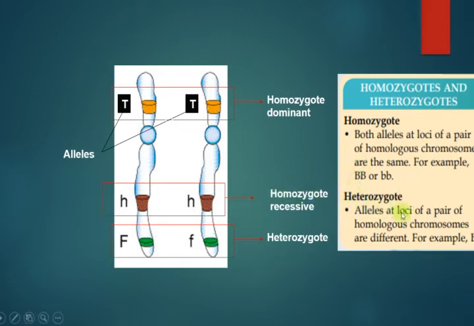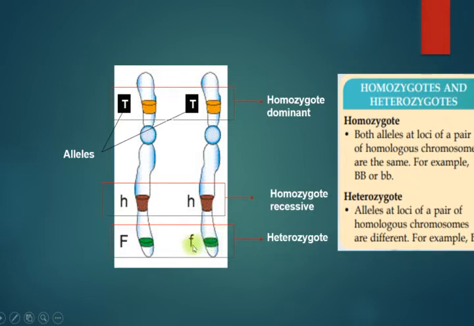Heterozygote. Alleles at the locus of a pair of homologous chromosomes are different. For example, big F, small f. This refers to the gene. Big F represents the dominant allele and small f represents the recessive allele.